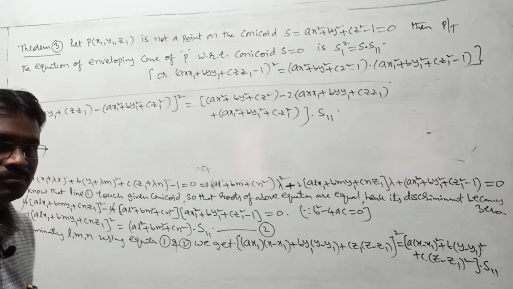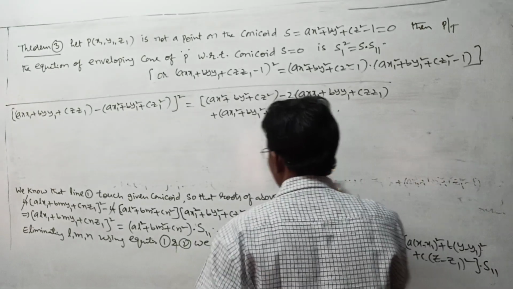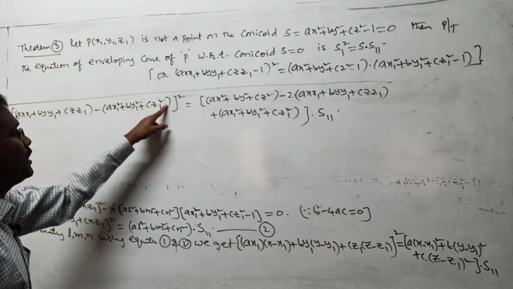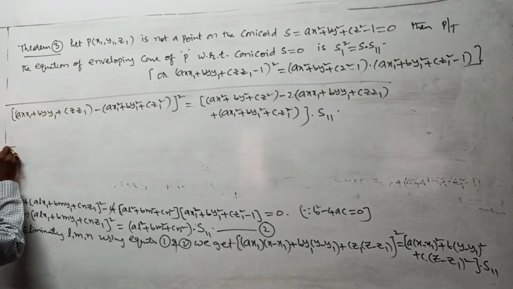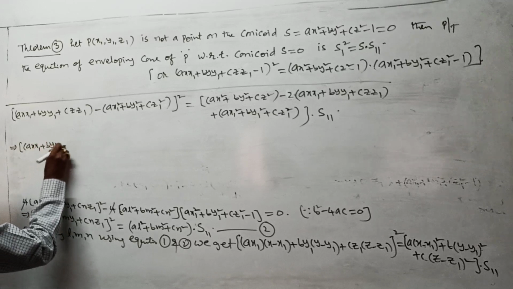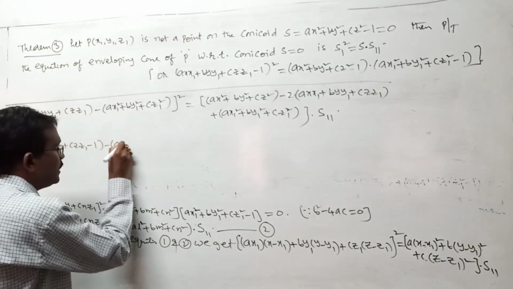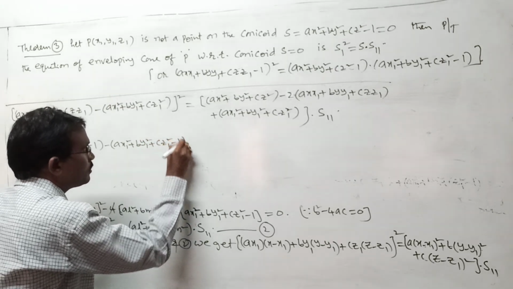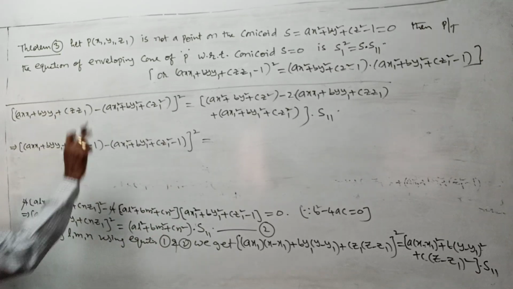Any problem here? Again, here some small substitutions I want to do to get our proper form. Now here I want to subtract 1. Here also I want to subtract 1. Minus 1 into minus 1 is plus 1, minus 1 gets cancelled. That is your left side adjustment. It is AXX1 plus BYY1 plus CZZ1 minus 1, minus of AX1 square plus BY1 square plus CZ1 square minus 1, whole square. This minus 1, this plus 1 gets cancelled. At last you get this result only.